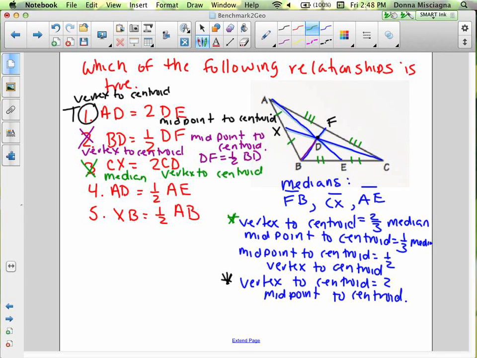All right, let's try the next one. AD is 1/2 AE. So AD is vertex to centroid, and AE is the median. The vertex to centroid isn't half the median, it's 2/3 of the median.